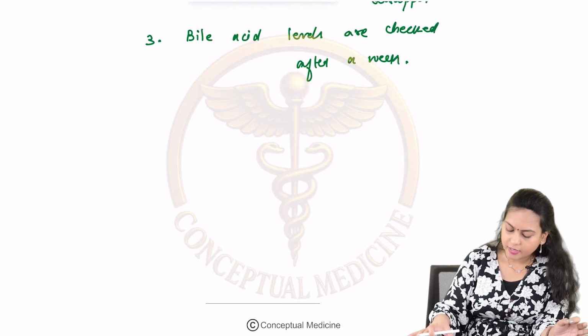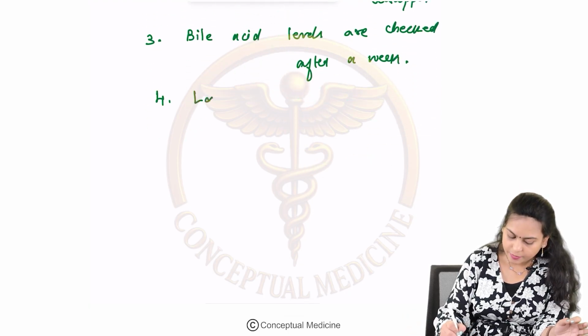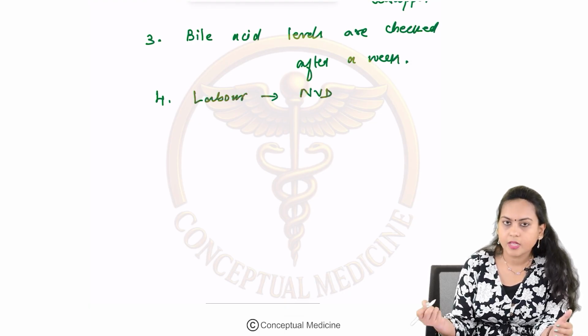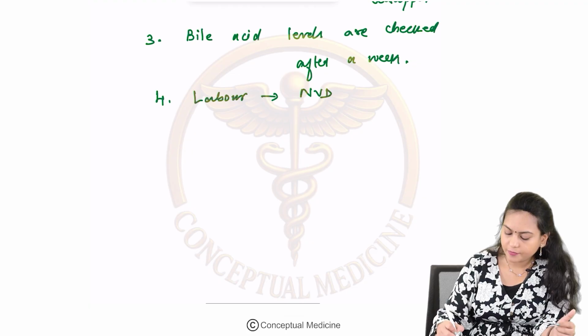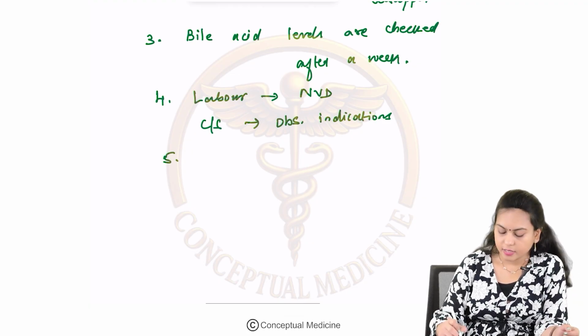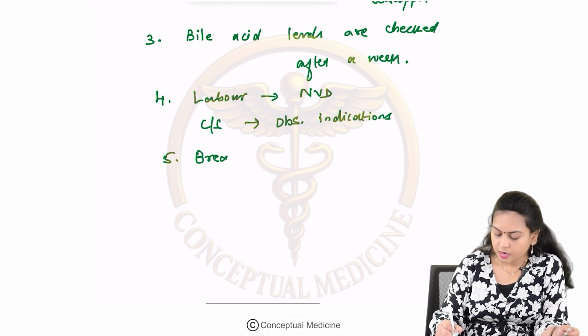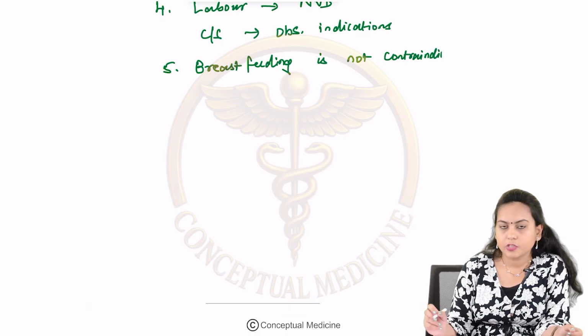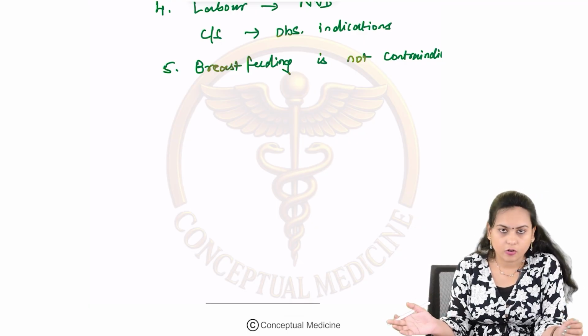Clear? And in labor, mostly we will try normal vaginal delivery, and only for obstetric indications will we go for cesarean section. Okay? And then remember that breastfeeding is not contraindicated, and for contraception you are going to give non-hormonal contraceptives.